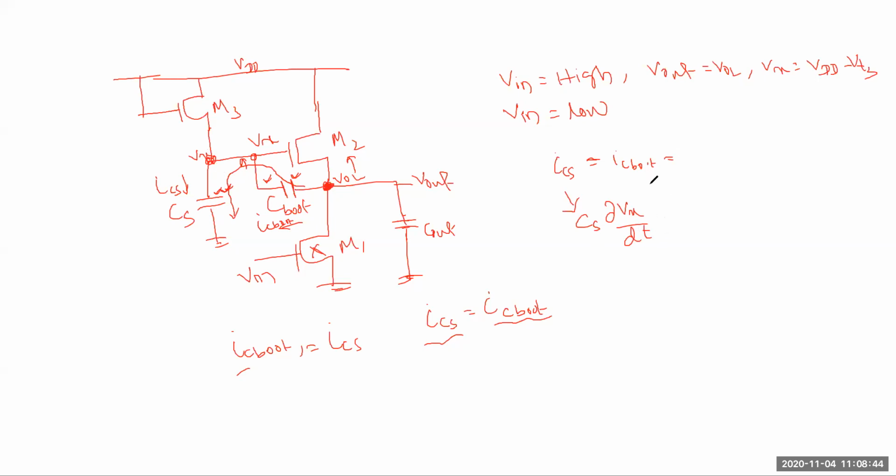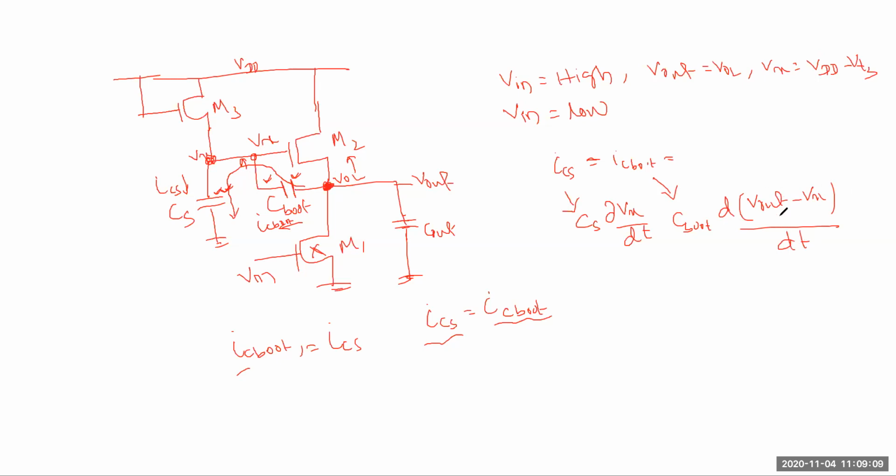And again here you can define your C boot. Here the voltage is the difference between this and this, so current is flowing in this direction: V out minus Vx.